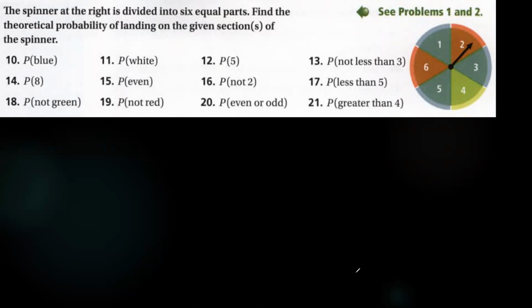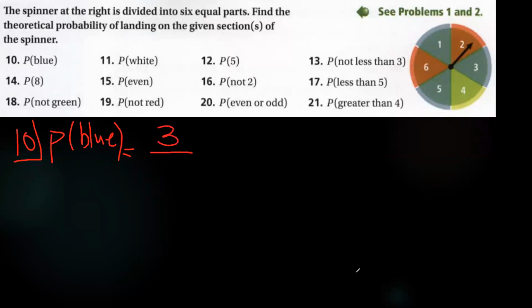Let's start now with number 10. Probability of blue. I want now to find the probability of blue. So what is my event now? My event is getting a blue. 3/6. How many blue here? 3.